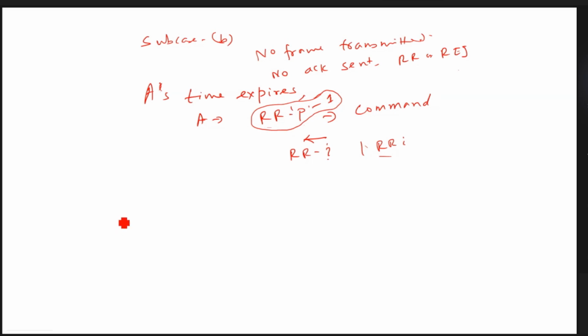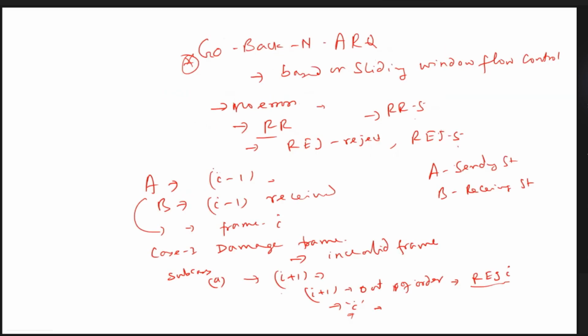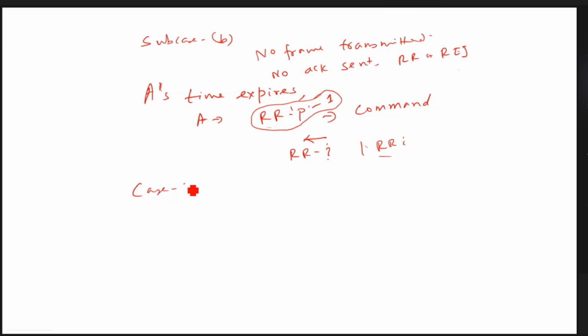The second case. This is case 1, where there are damaged frames. In case 2, there can be a damaged acknowledgement, a damaged RR.